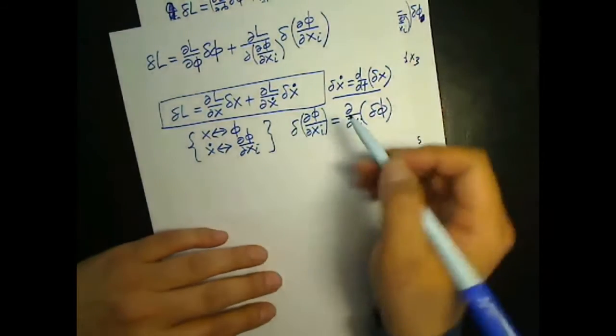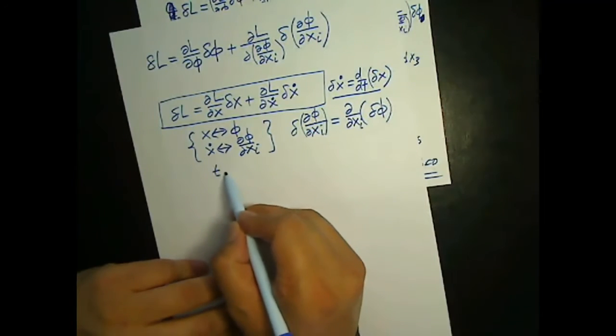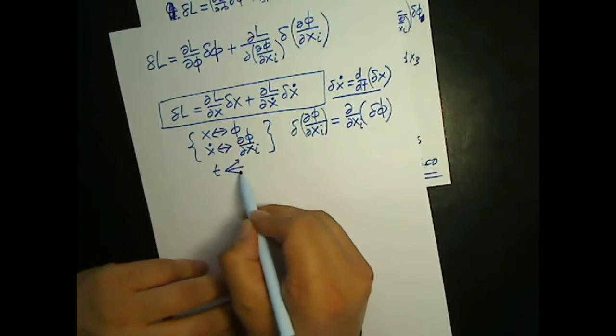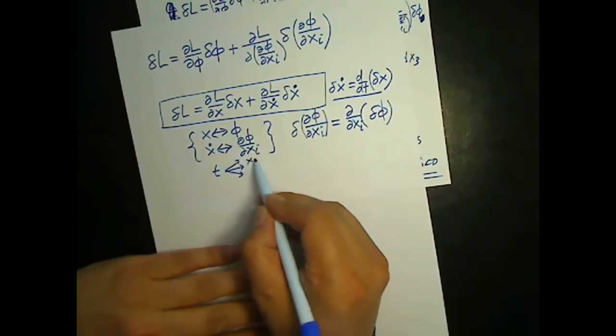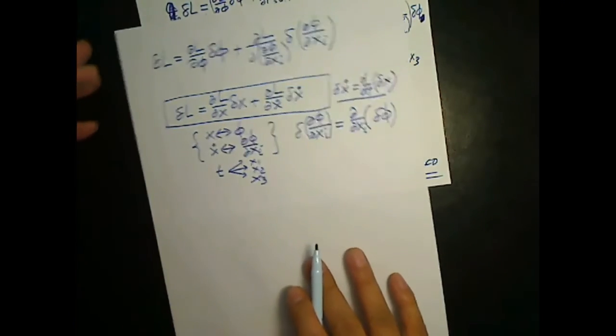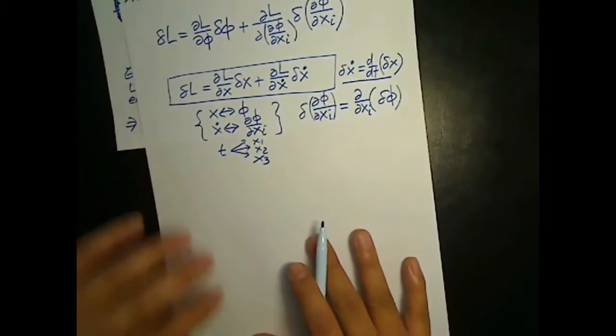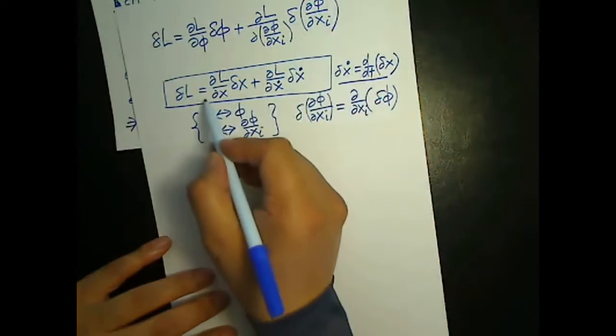So this xi here, where we had t, has three counterparts, x1, x2, x3. This is the different feature. Alright, then we can rewrite.